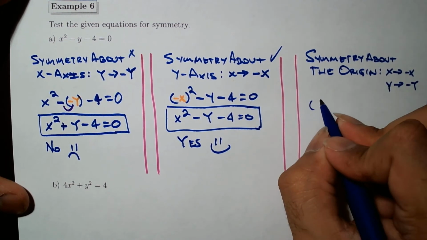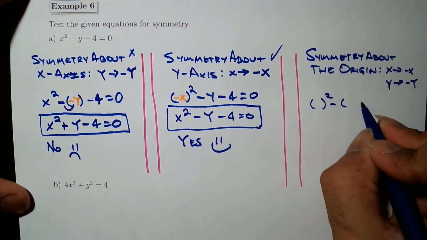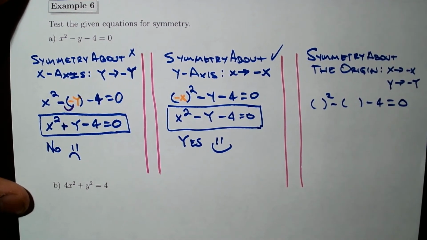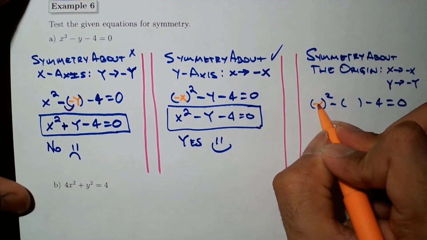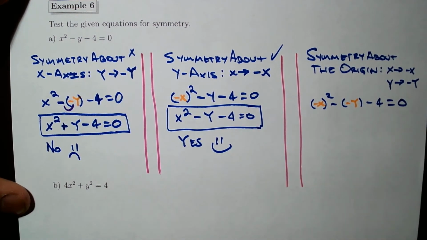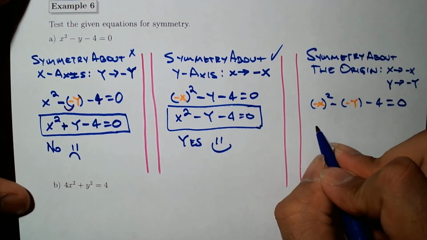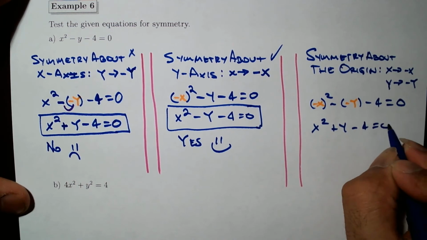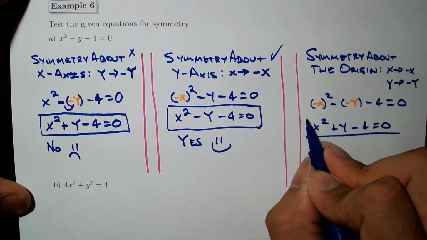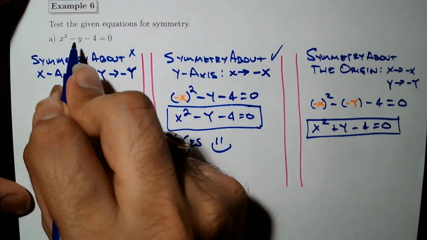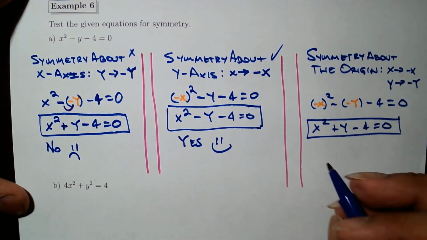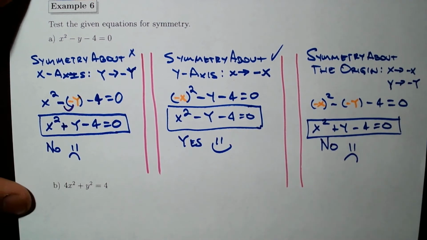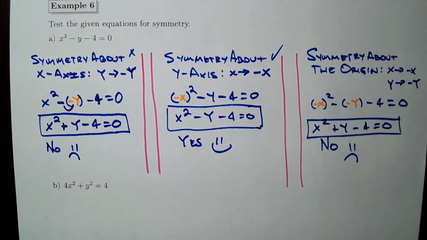So quantity squared minus quantity minus 4 equals 0. Both x becomes negative x and y becomes negative y simultaneously. We get x squared plus y minus 4 equals 0. If you compare this equation with the original, it turns out that it is not symmetric about the origin.